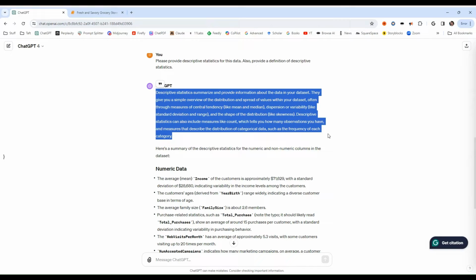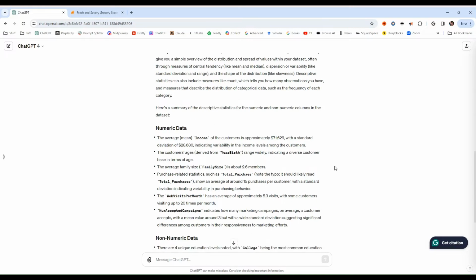Descriptive statistics can also include measures like count, which tells you how many observations you have, and measures that describe the distribution of categorical data, such as the frequency of each category.